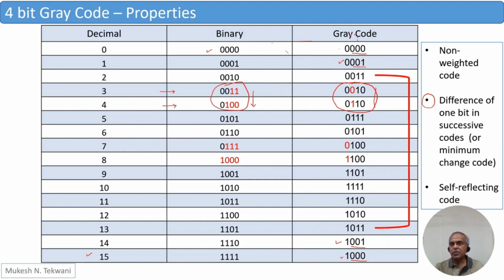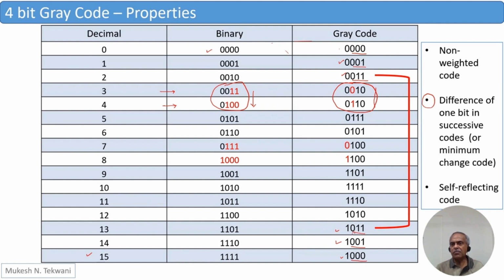Let us take the next one, 0011, and the third number from the bottom has the gray code 1011. Again you can see that the 3 bits here and the 3 bits in this are the same, and only the most significant bit has changed from a 0 to a 1.